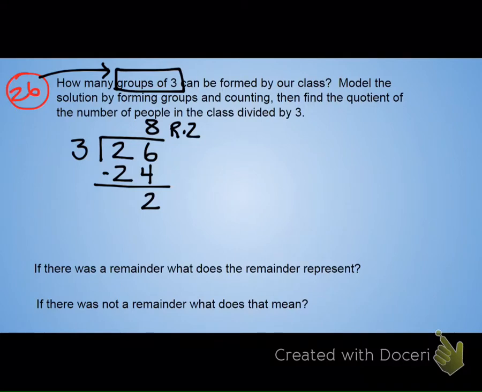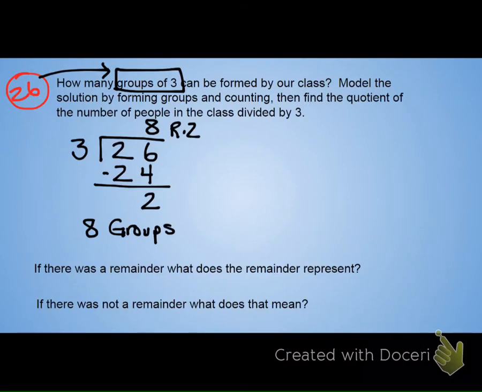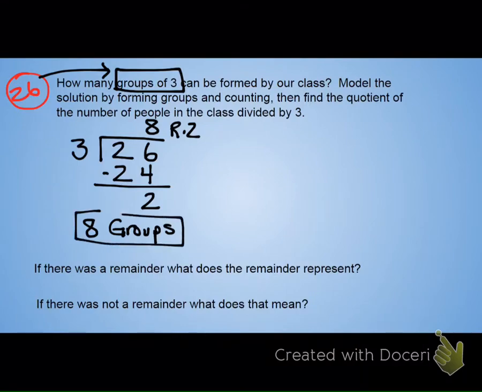So what does this mean? Well, this 8, please put this in your notes, by the way, means we have 8 groups, right? That's what the 8 means. What does this 2 mean up here? Well, this remainder that we have left over is the number of students that are not going to be in a group.